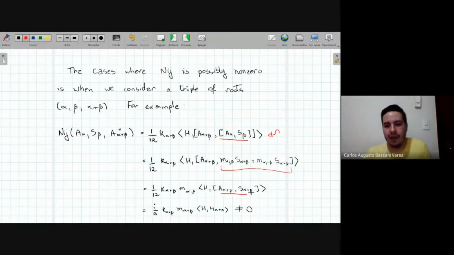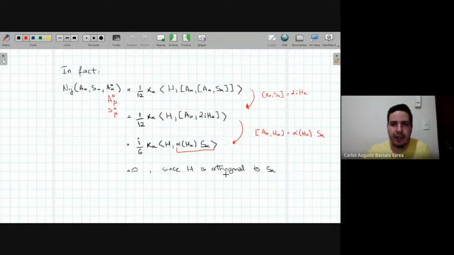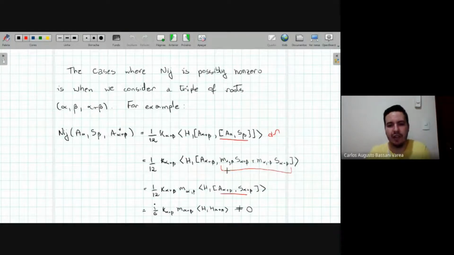And then using the properties of the Lie bracket, remember that the bracket between A alpha and S alpha is given by this expression here. So here appear again A alpha plus beta, S alpha plus beta. So it will appear the Killing form of H with H alpha plus beta, and it's non-zero. So this expression for the Nijenhuis operator will be non-zero.